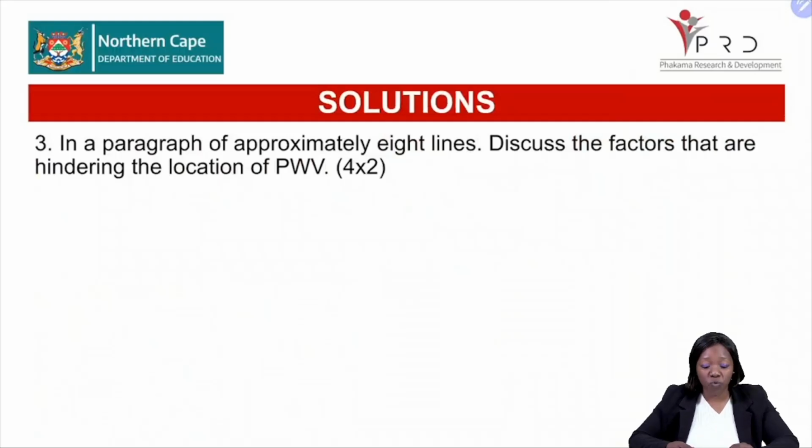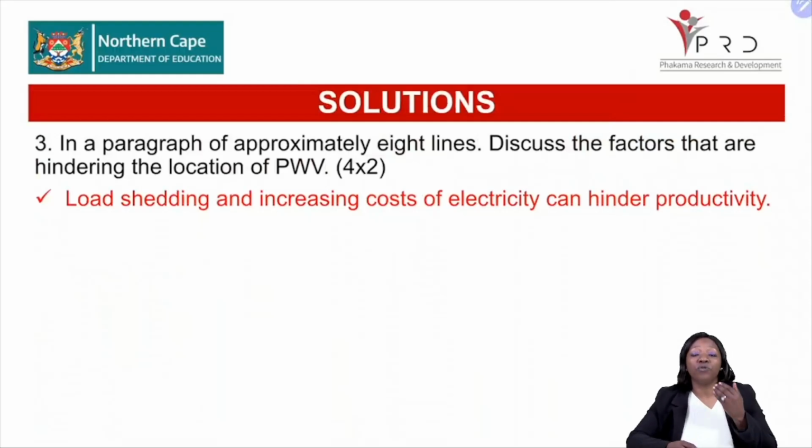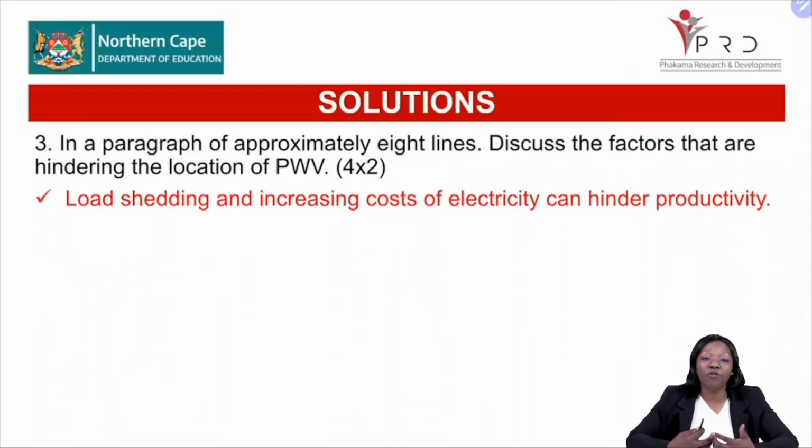Then in a paragraph question, you were supposed to discuss the factors that are hindering the location of PWV. Number one is load shedding as well as the increasing cost of electricity. During load shedding, which can take between 2 up to 6 hours, there are industries that cannot afford to have generators, and even those companies who can afford generators, that money also pulls down their profits.